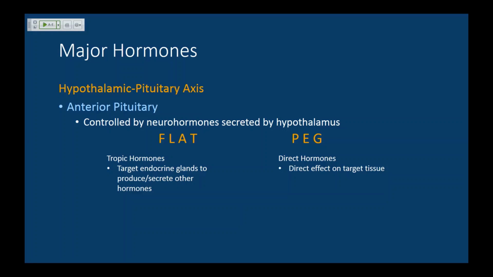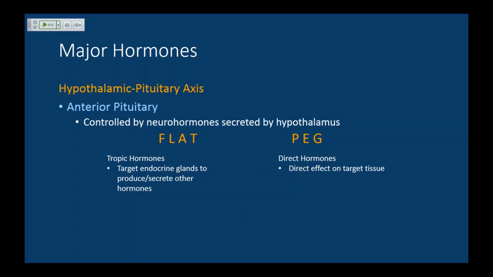Another reason I like this mnemonic a lot is because it delineates the tropic hormones from the direct hormones. So at this point, we need a definition to help us understand what a tropic hormone is versus a direct hormone. A tropic hormone is a hormone that targets another endocrine gland. And that targeted endocrine gland can then produce its own hormones.